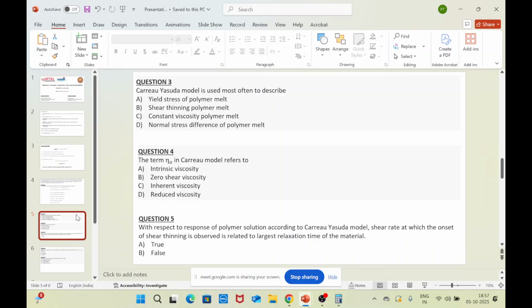The question is, the Carreau-Yasuda model is used most often to describe: the yield stress of the polymer melt, the shear thinning of the polymer melt, constant viscosity of the polymer melt, or the normal stress difference of the polymer melt? I think this should be easy. We have discussed this just a couple of minutes back.